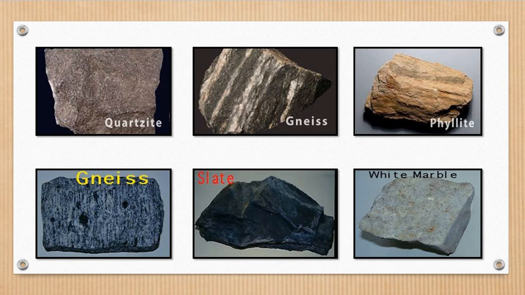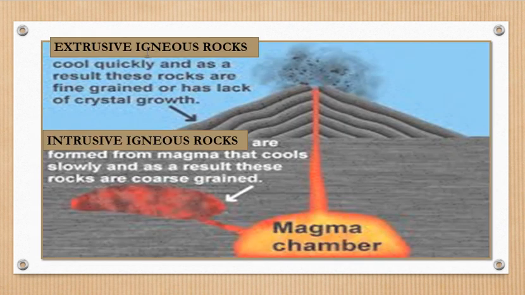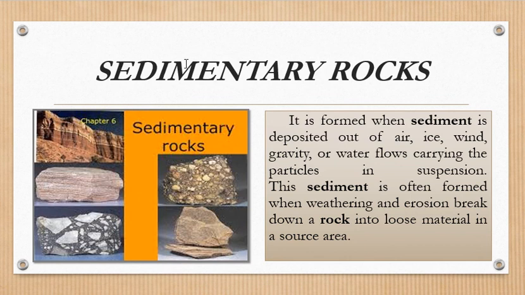So again, the types of rocks: we have the igneous rocks. Igneous rocks are formed through magma or lava that solidifies. It could be extrusive, if lava outside, or intrusive, if magma inside solidifies. The second type of rocks is sedimentary.